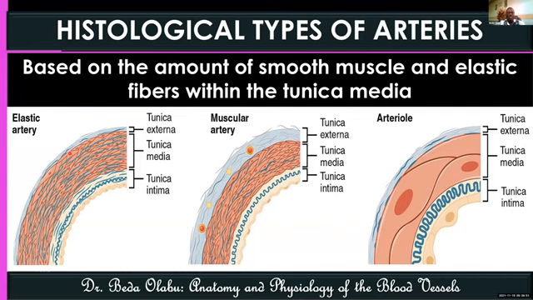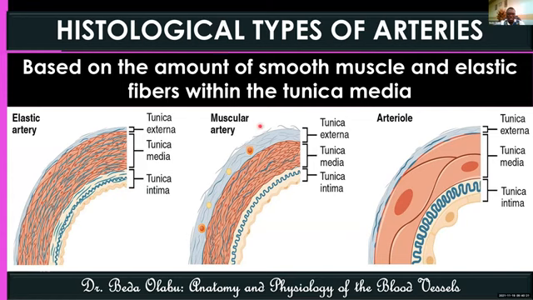What else do we notice about an elastic artery? It has a very thin tunica adventitia. The tunica adventitia is thin. The tunica media is thick, and it contains a lot of elastic fibers. This applies to very large arteries, like the aorta and common carotid artery.